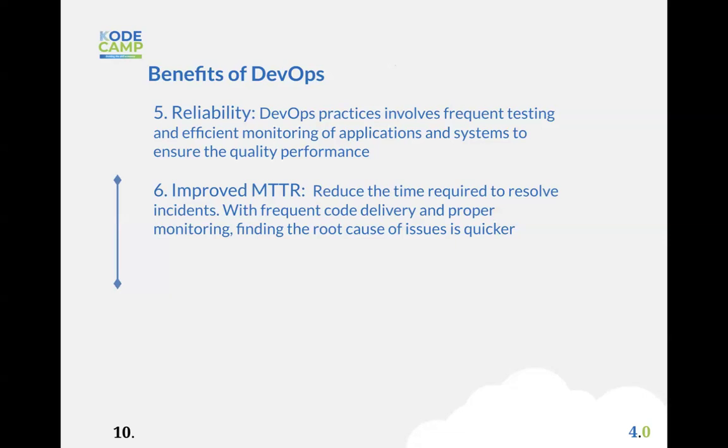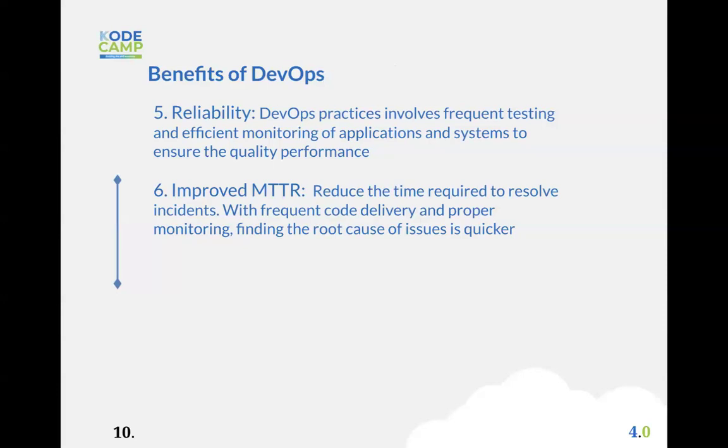Some sites could just go down for a long time, and you go to the site and see that it is currently under maintenance. Please check back later. With that, your trust and your reliability on that software is diminishing. So these are some of the problems that DevOps tries to solve in its culture and its practice.